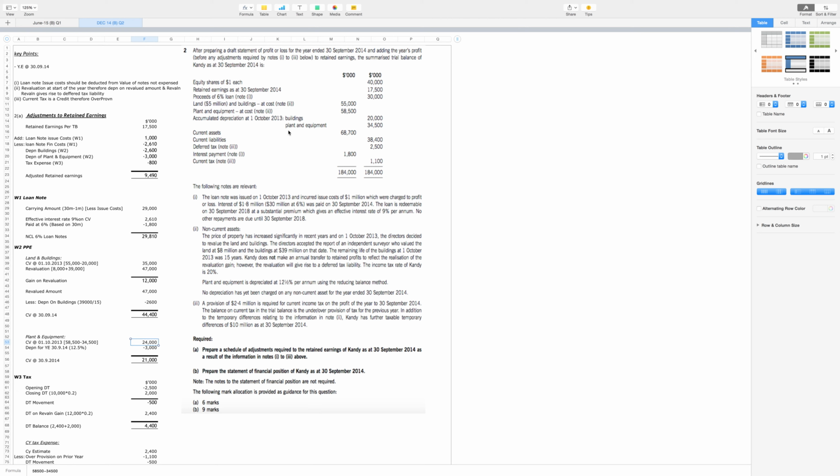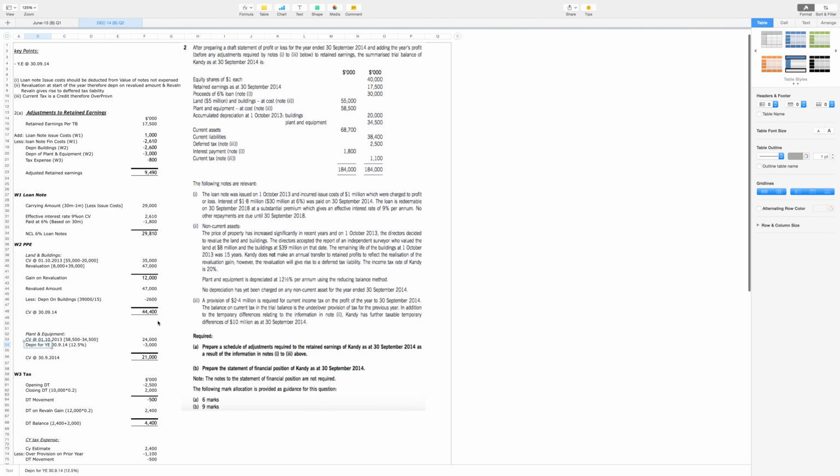We deduct the accumulated depreciation from our cost to give us our carrying value at the start of the year. Remember, our reducing balance method is based off the carrying value, so we do 12.5% of our 24 million to give us 3 million. We deduct this from our 24 million to give us a carrying value of 21 million.